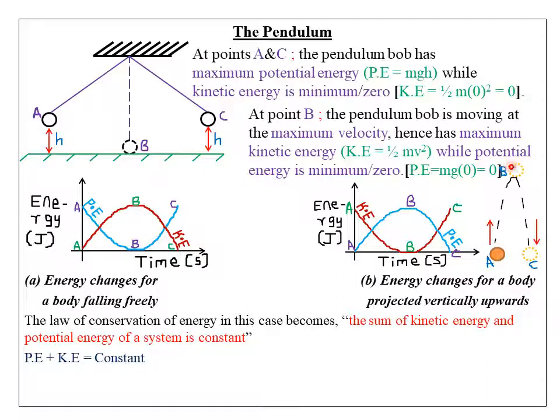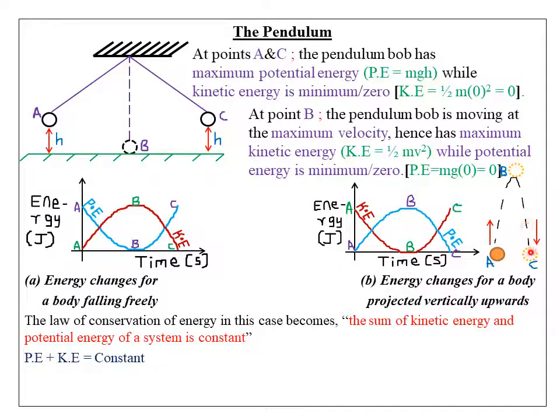Now from point B, the body starts moving downwards because of gravity. That is because of its weight, because you know that the weight of the body is its mass times gravity. So the body uniformly accelerates downwards due to its weight and the force of gravity. Therefore, the body moves to point C at maximum velocity. At point B, the body is at rest, therefore kinetic energy will be 0, courtesy of this particular formula, because velocity is 0.